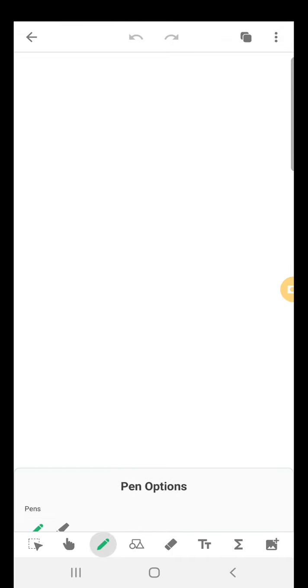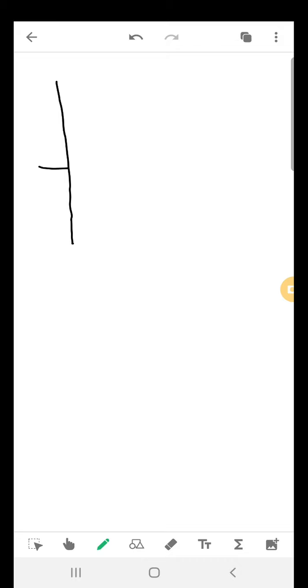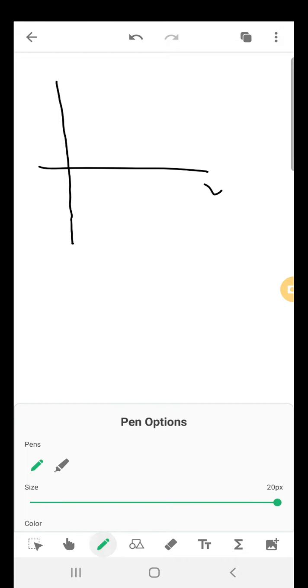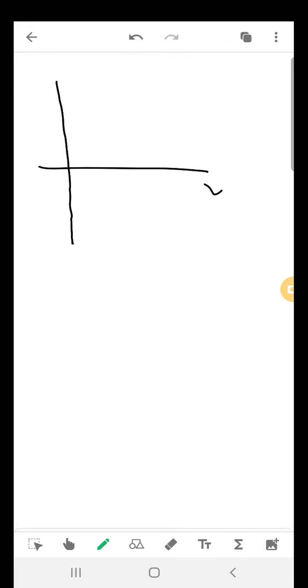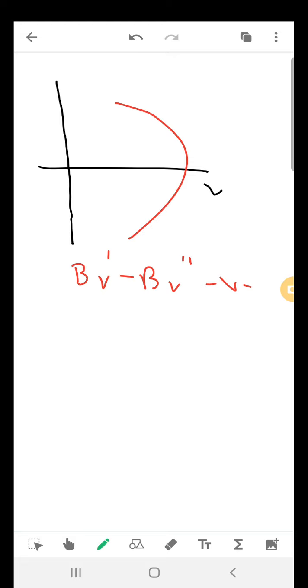You have M versus nu. So we get a shape like this, if B nu dash minus B nu double dash is negative, and it is called red degraded.